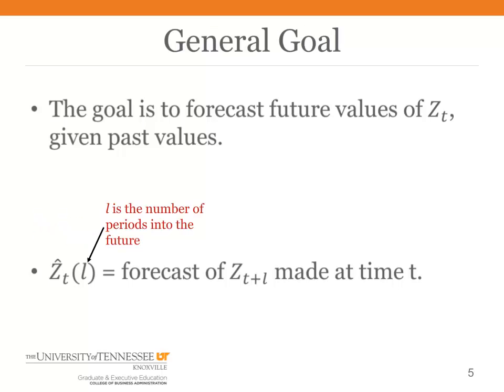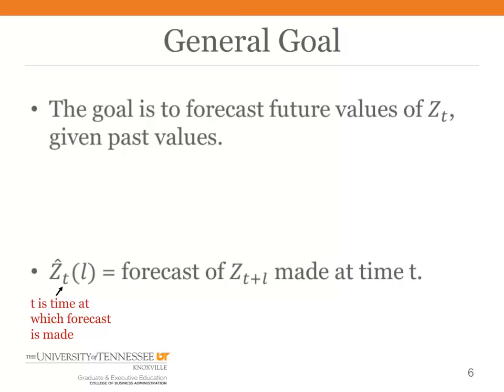And then we have to talk about the number of periods into the future that we're forecasting. Are we forecasting 1 or 2 or 3 or 4 periods into the future? And we denote that by a number that we put in parentheses following the forecast value notation. And L is used to denote the number of periods into the future that we are forecasting.